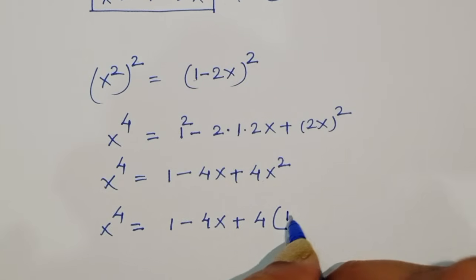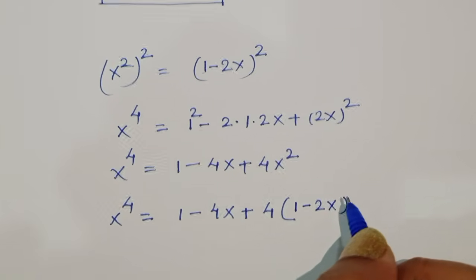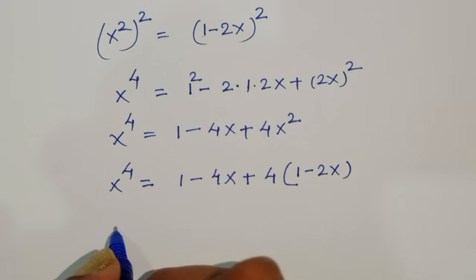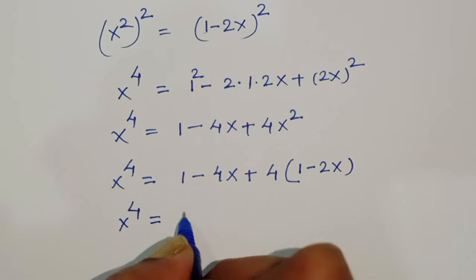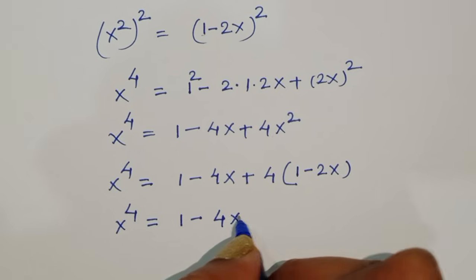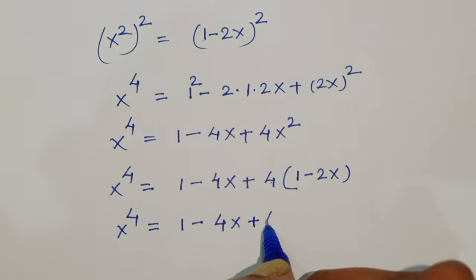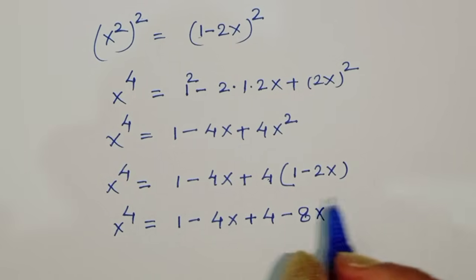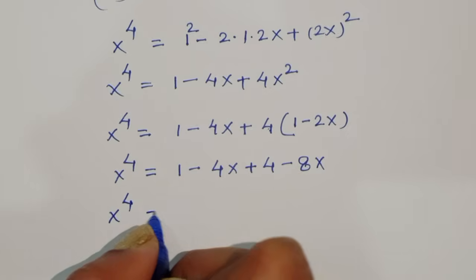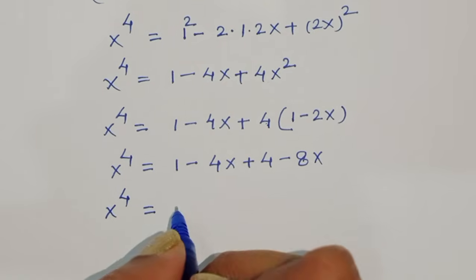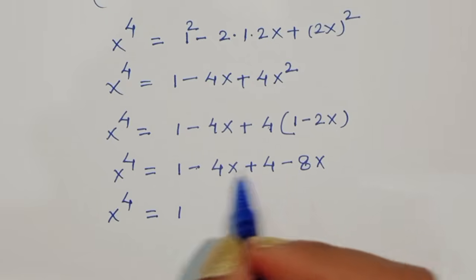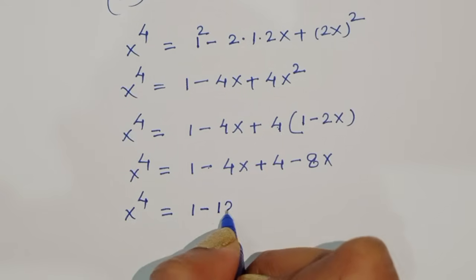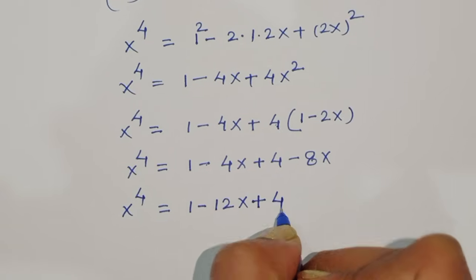Now x power 4 is equal to 1 minus 4x plus 4 times (1 minus 2x), that is 4 minus 8x. So 1 minus 4x minus 8x, that is minus 12x, plus 4.